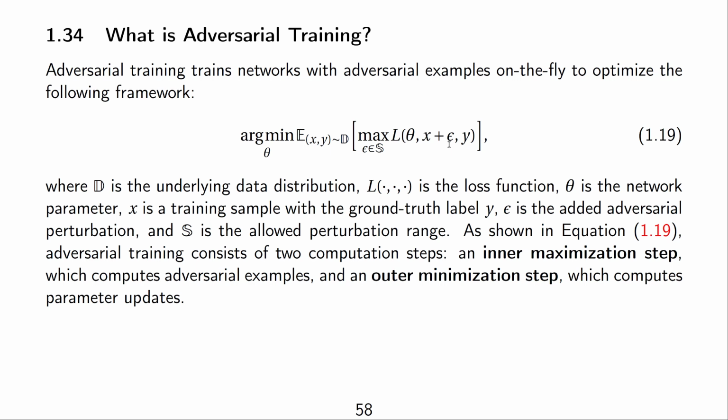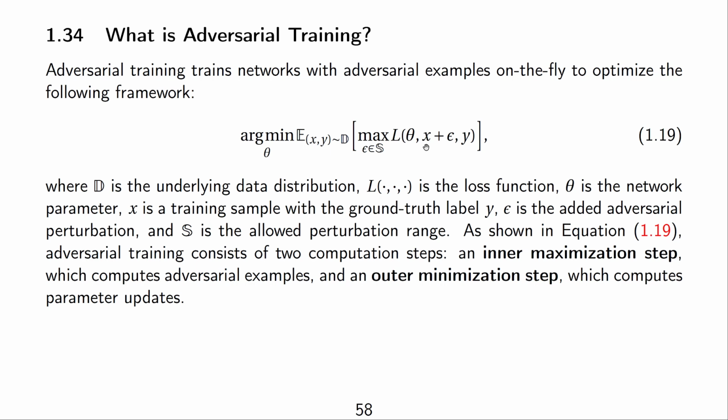So in some sense, during training we're not feeding the network with images and ground truth, but we let the network look at images that have been modified by an adversarial attacker that tries to cause the network to make a mistake.